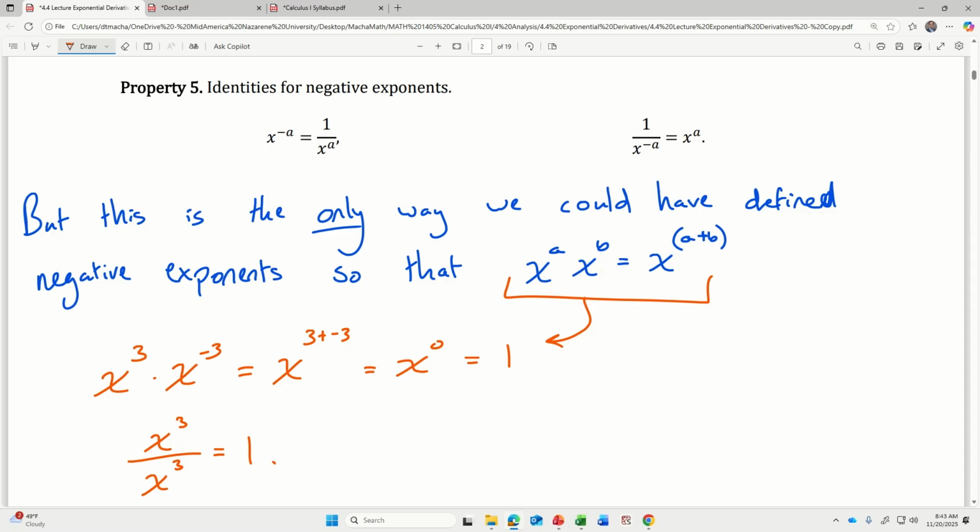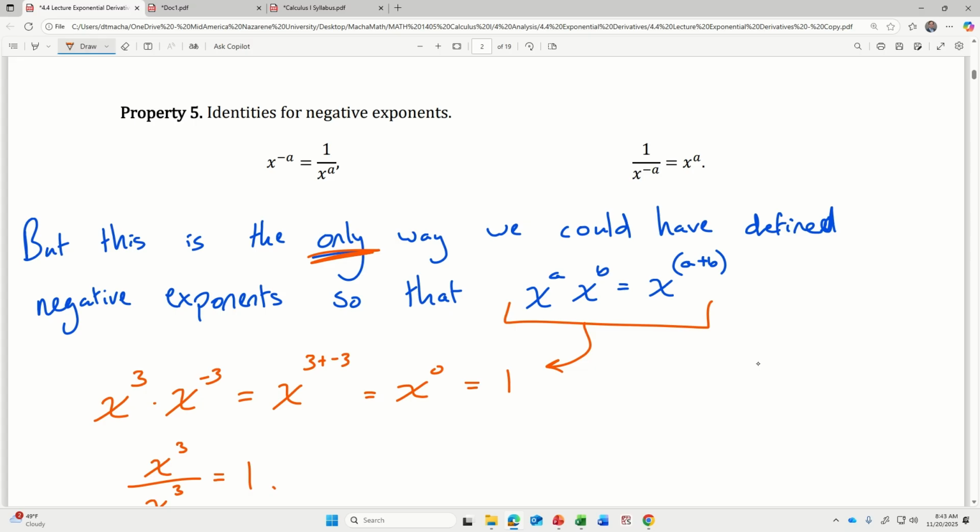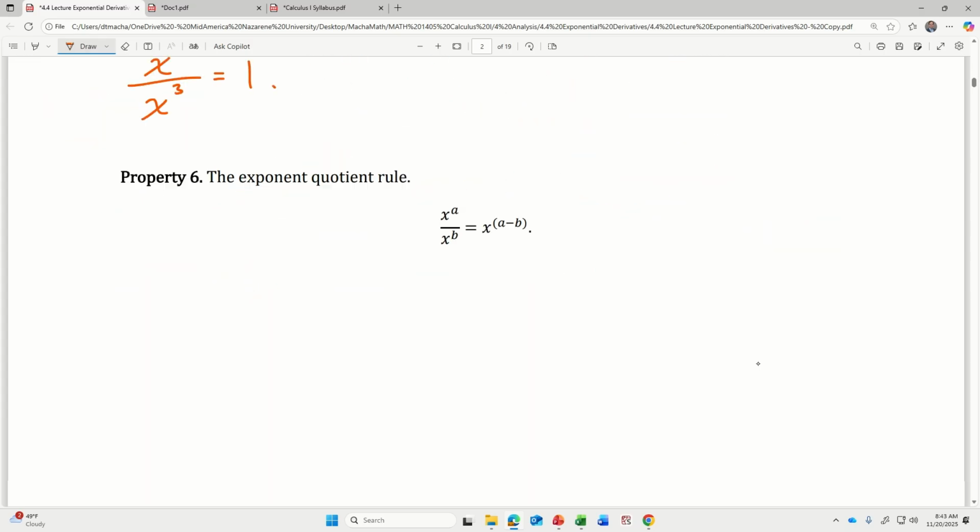And the only way that this works, that x to the 3rd times x to the negative 3rd is equal to 1, and x to the 4th times x to the negative 4th is equal to 1, and x to the 5th times x to the negative 5th is equal to 1, is, well, if you're just taking the reciprocal. And so this is the only way that we could have defined negative exponents to make it satisfy the product rule. And then, of course, the same deal, the reciprocal of a reciprocal follows, I hope.